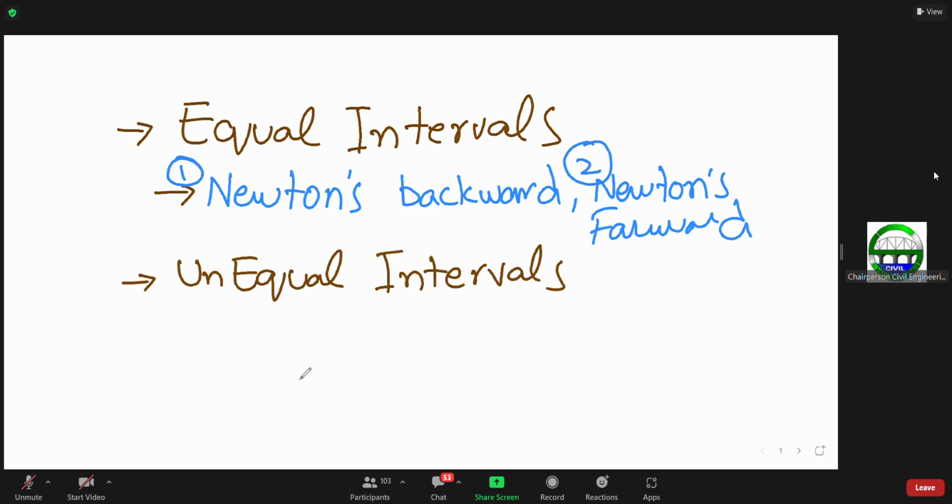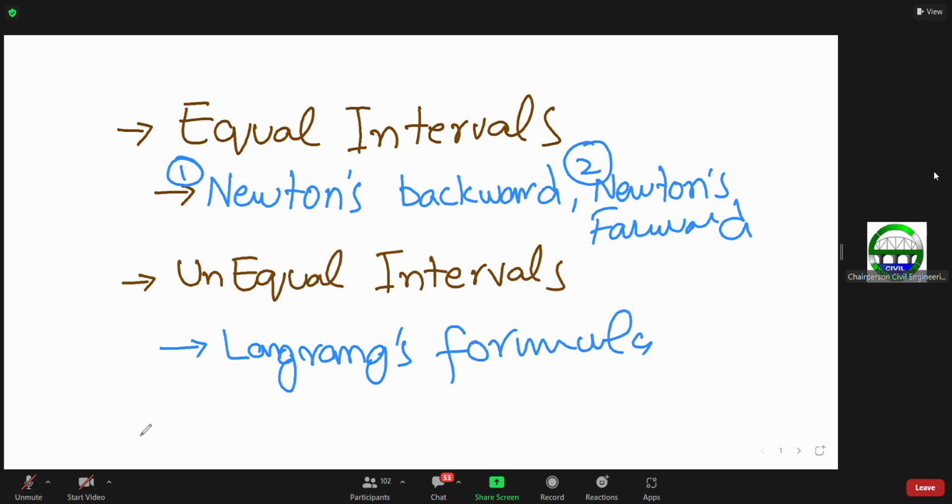Then for unequal intervals, we will again study two formulas: the Lagrange formula, and then Newton's formula again.